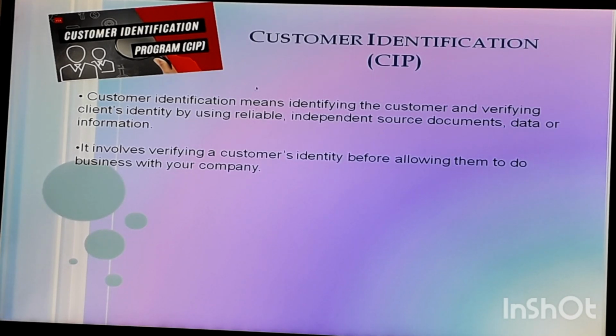Now it involves verifying the customer identity before allowing them to do business with us. Without verifying the customer, we cannot open an account. We need to check if they possess any kind of risk, any kind of money laundering activities happening. We need to check that, and only then can we onboard them.